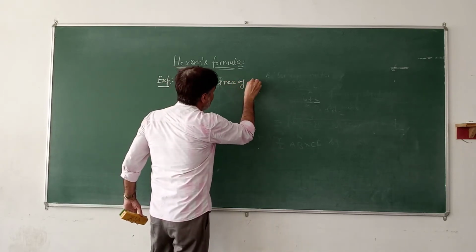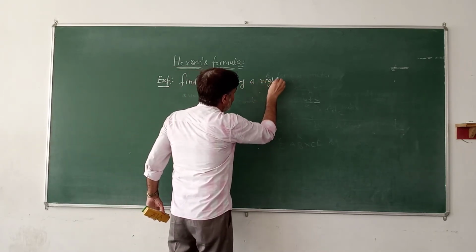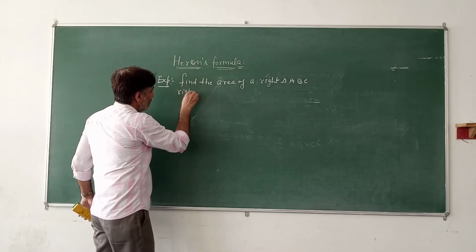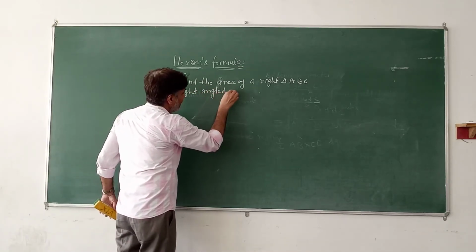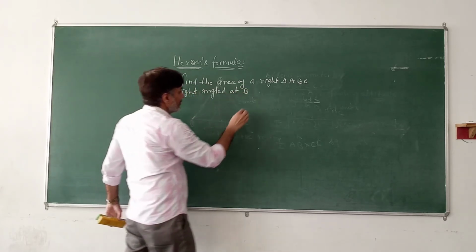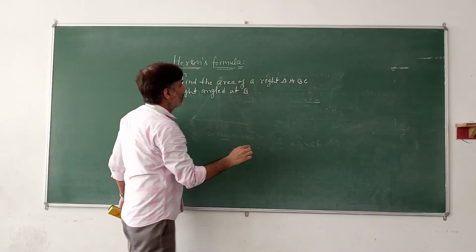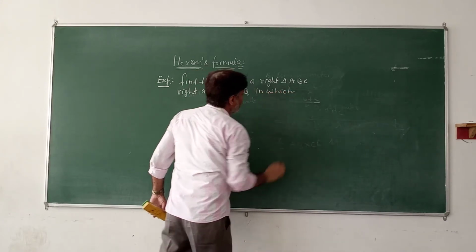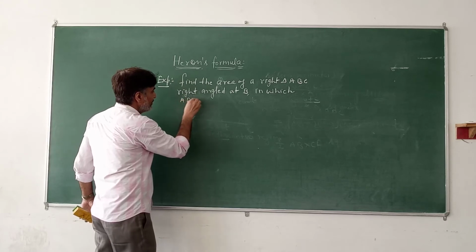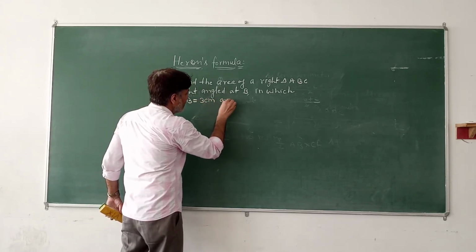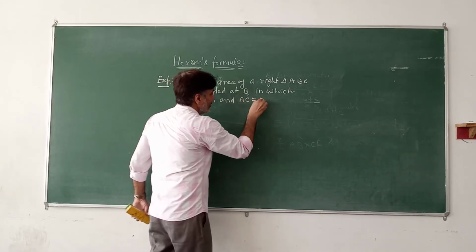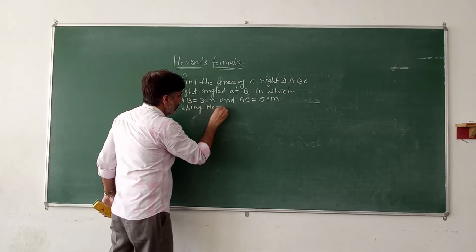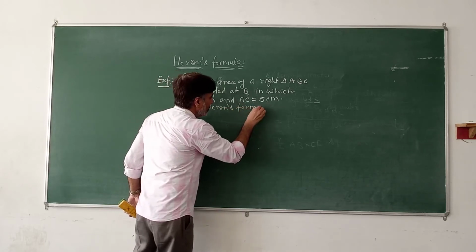Find the area of a right triangle ABC, right angled at B, in which AB equals 3 centimeter and AC equals 5 centimeter, using Heron's formula.